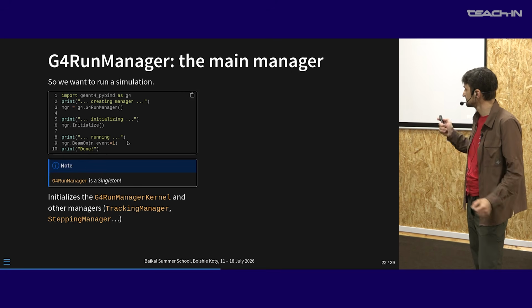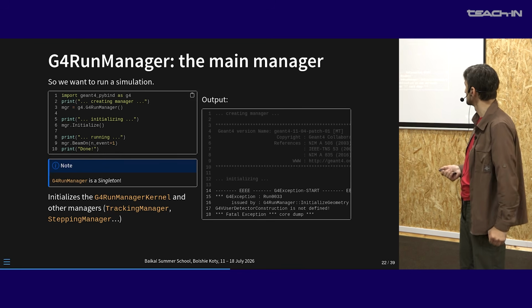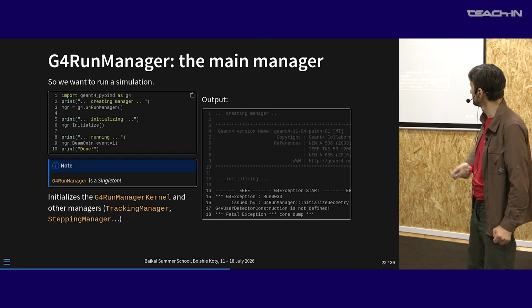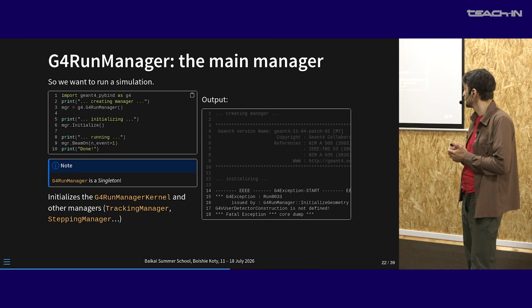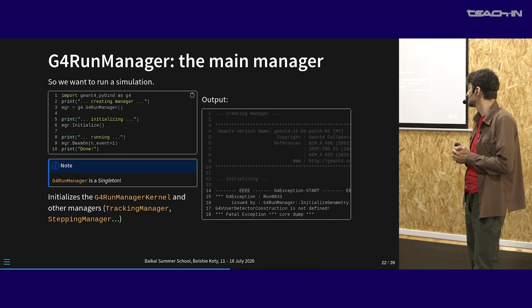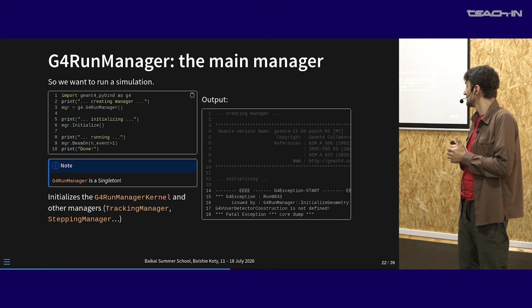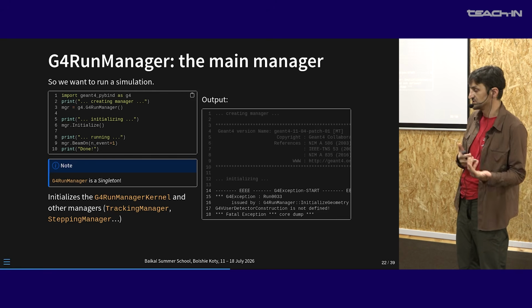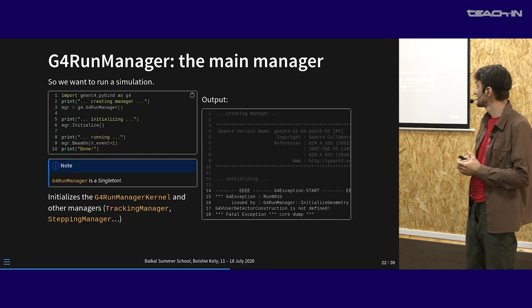This is a skeleton. This is how it works. Of course, if you try to run it, Geant will complain because you cannot make the tracking of particles in matter if you didn't define the particles or matter or physics.